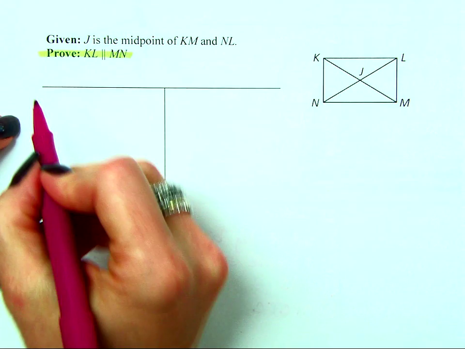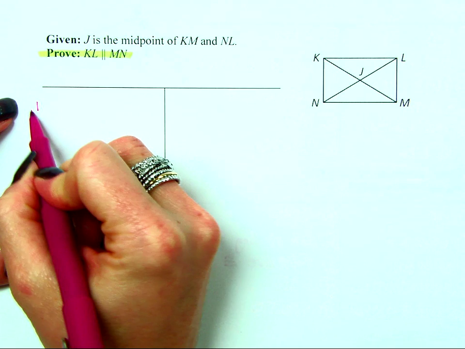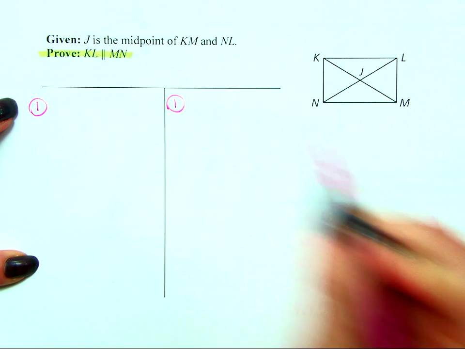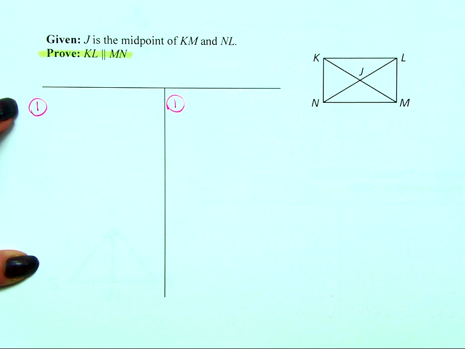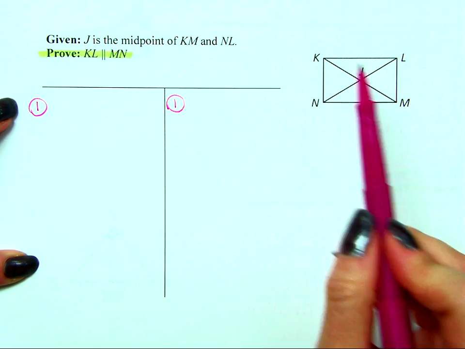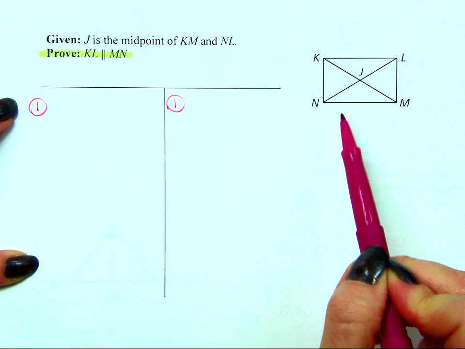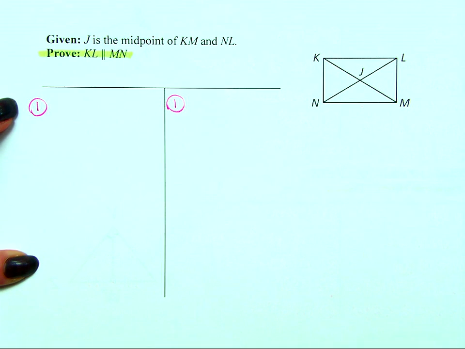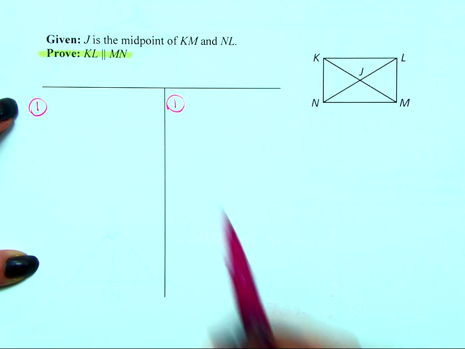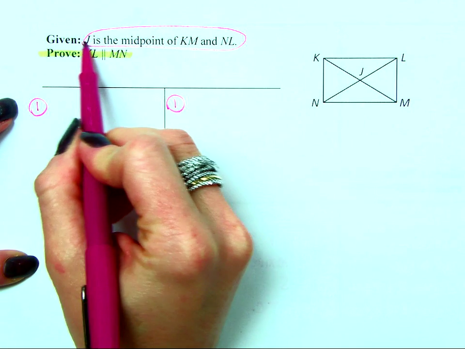And as I take a look at my diagram, I want to prove KL parallel to MN. It tells me that J is the midpoint of KM and NL. So we know that is our starting point.